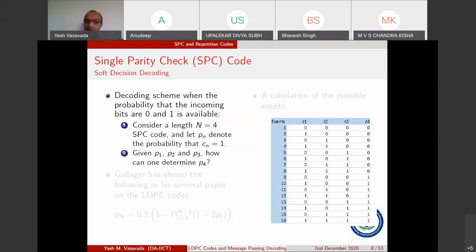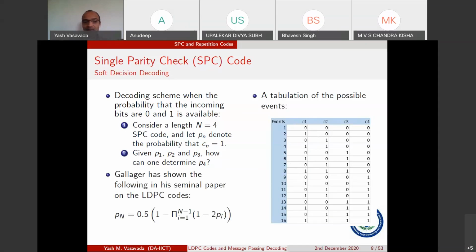If you spend enough time on it, and if you are very mathematically competent, like Robert Gallagher is, you will come up with a general formula like this. This formula works for any value of n, and it doesn't matter which bits we are talking about.